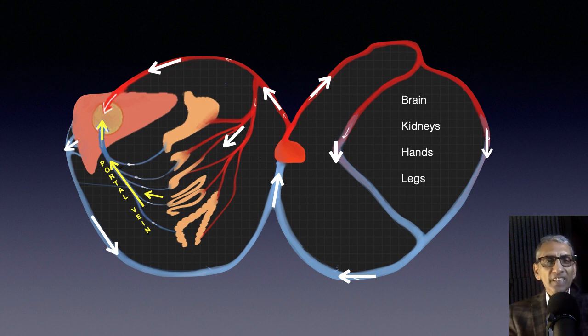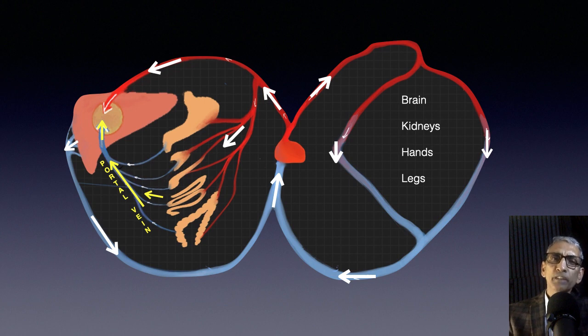Now, in terms of volume, the percentage, the portal vein is bringing about 75% of the total blood supply, whereas the hepatic artery contributes about 30% of the oxygenated blood.